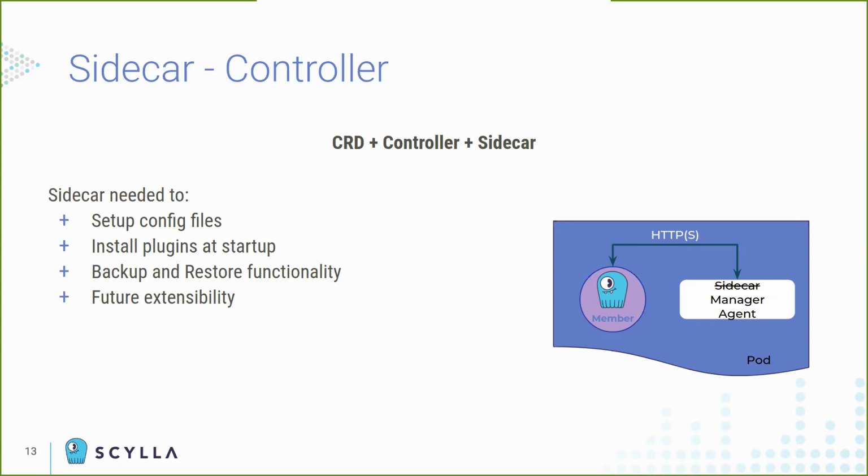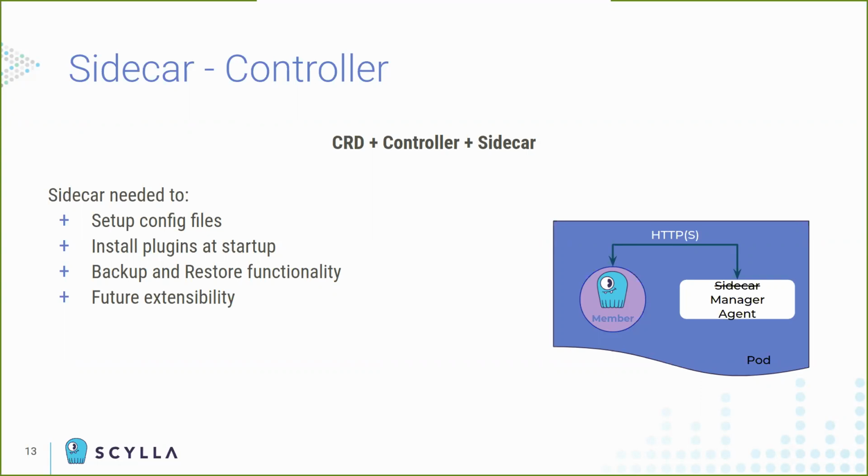This config map will then be exposed to Scylla through the help of this sidecar. In the future, it will also do things like backup and restore. It will help with these things. It will do whatever you might want it to do. So we want you to come with feedback, and this is usually a good place for addition.